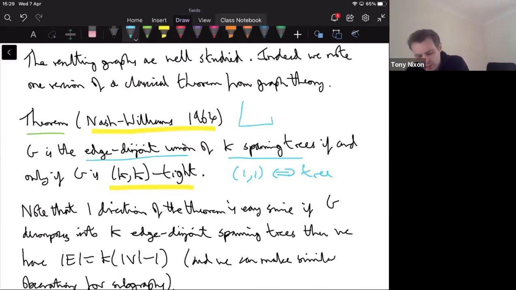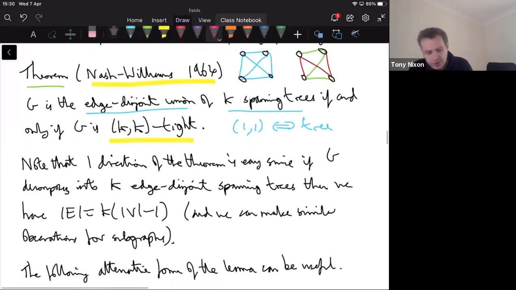So an example would be that K4 you can decompose into 1 tree and a second tree that span all the vertices of the K4, and you can do this for whatever K, K tight graph you want by the theorem. In fact, as I point out here, one direction of the theorem is not so hard. If you have the edge disjoint union of K spanning trees, then you know that they all span.